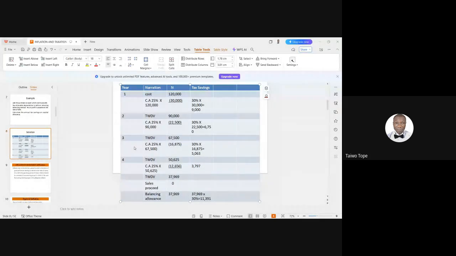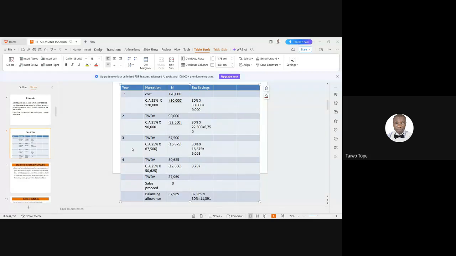In solving questions on NPV or investment appraisal, capital allowance can be claimed in the current year or in arrears. When capital allowance is claimed in the current year, it means it will be recognized in that particular year.